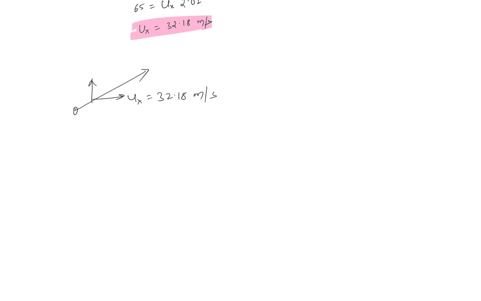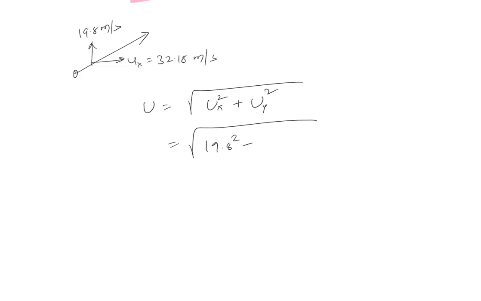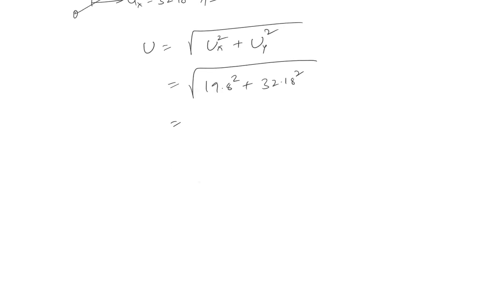Vertical is 19.8 meters per second. Now the resultant u is equal to the square root of ux square plus uy square. So square root of 19.8 square plus 32.18 square. When you do that, you get 37.78 meters per second. Now this is just the magnitude.